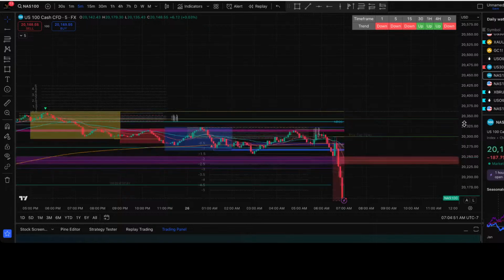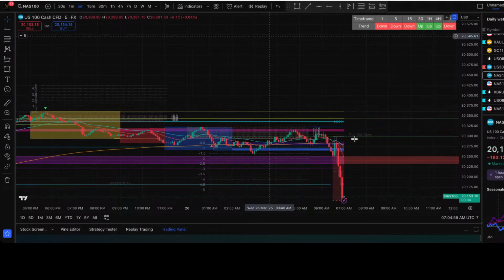So we have a downside expansion model today. We're just looking at NAS. We're still about 26 minutes away from range formation.